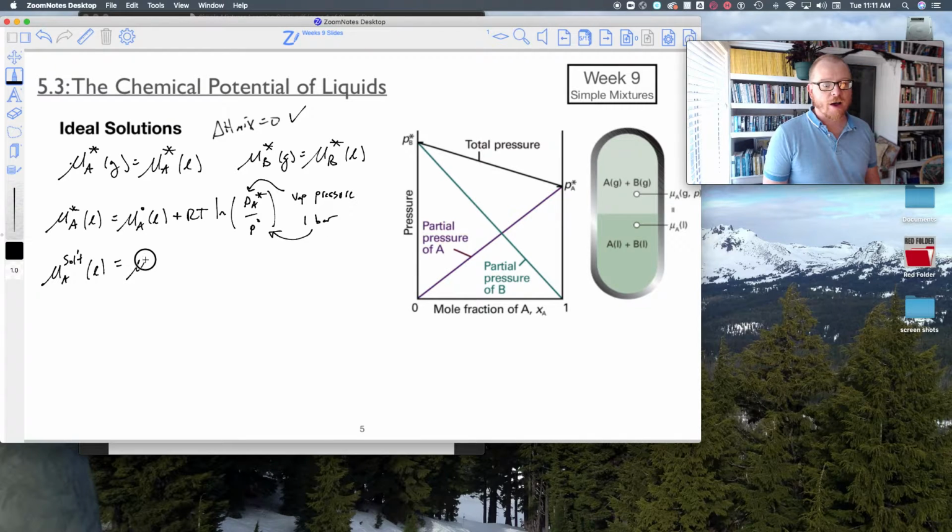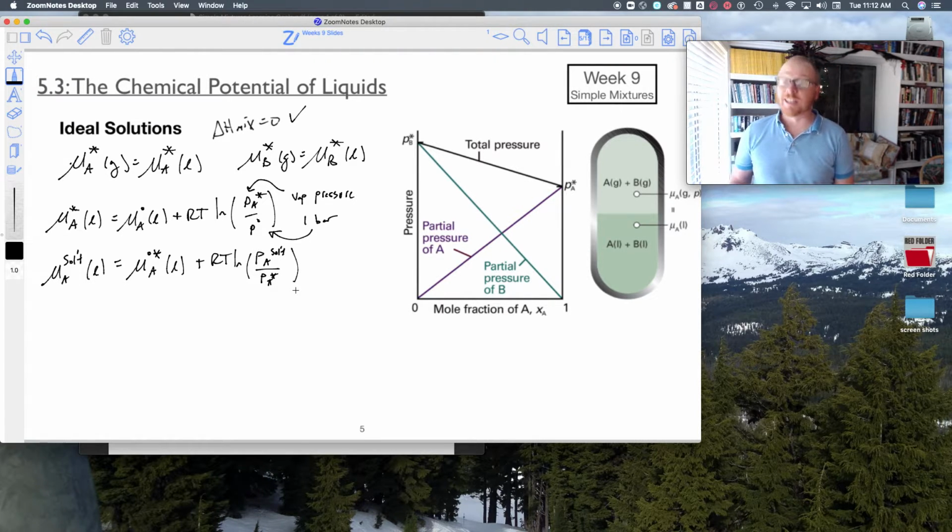It becomes mu A, with a standard and a star because the star tells me this is the pure A. So the chemical potential of A in the solution equals the chemical potential of pure A plus RT natural log of the vapor pressure of the solution relative to the vapor pressure of the pure liquid.